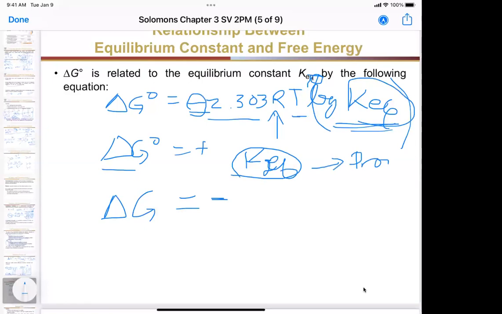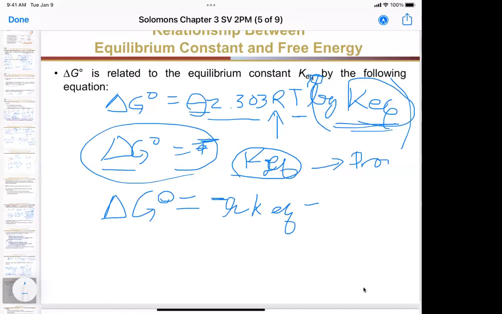Gibbs free energy negative means energy was released. If our log Keq is negative, that's going to make our Gibbs free energy positive, meaning energy was absorbed. We've added energy to the system. We haven't given away energy, and therefore it is going to favor the reactants.